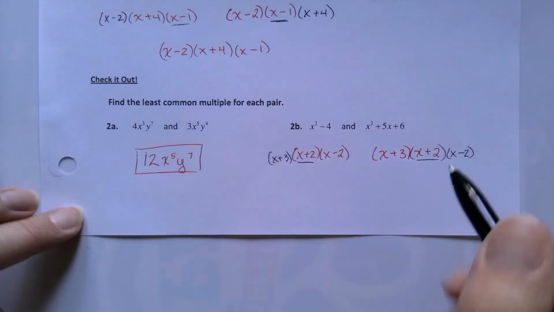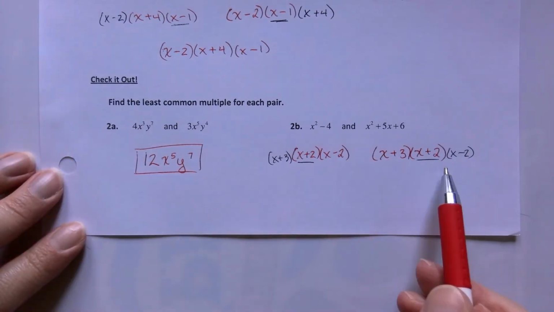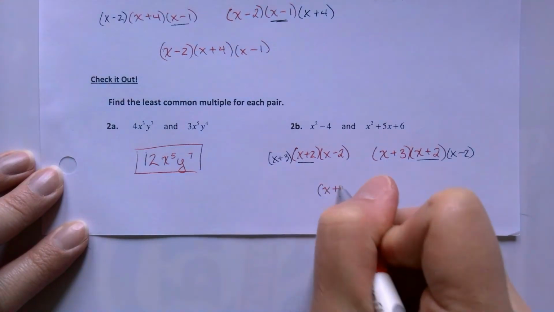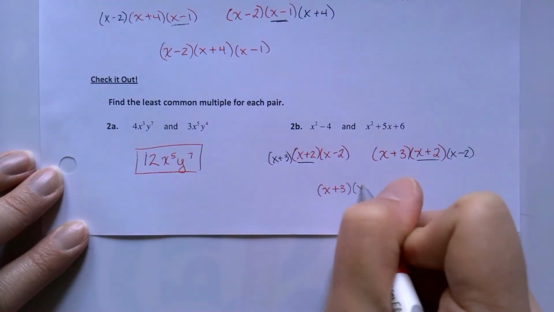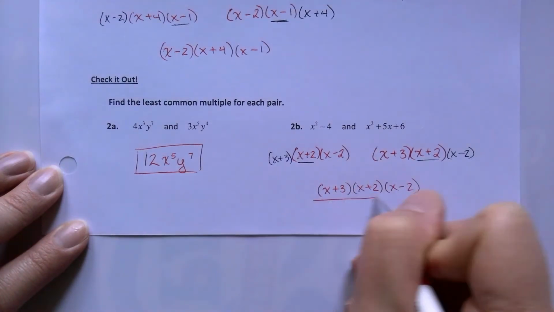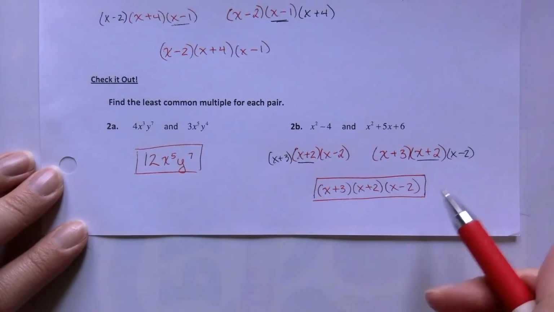So you're always building to see what does one have that the other needs, and now they have 3 common pieces. So our least common multiple is x plus 3, x plus 2, and x minus 2. Now the order of your multiplication does not matter, so you might have it in a different order.